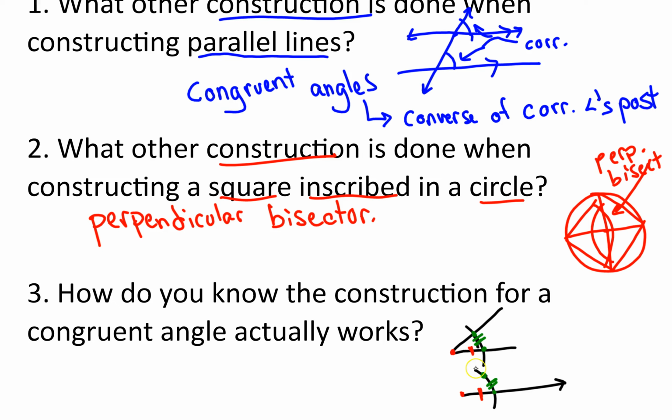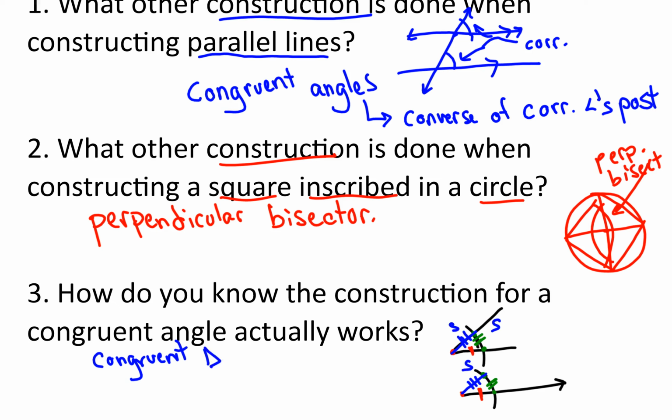And then finally we connected up this piece to that point. So we have a third congruent piece there. So then what we get is two triangles. So we get congruent triangles by side, side, side. Because if you guys look, we got side, side, side.